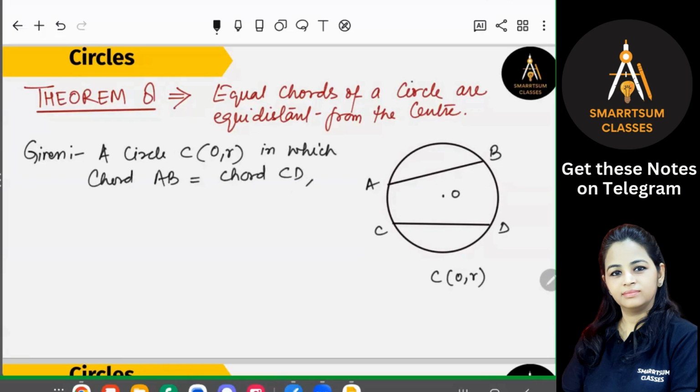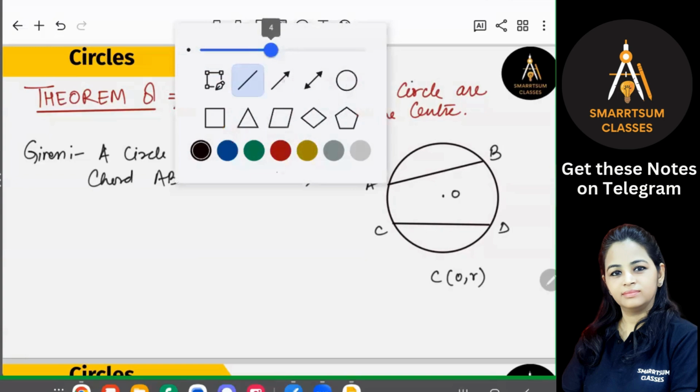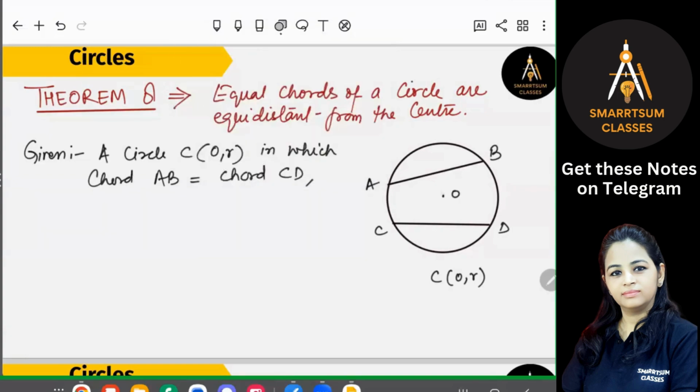And equidistant means what we have to prove is that if we draw a perpendicular from the center to the chords, like this and this. So this is M suppose, and this is L suppose.